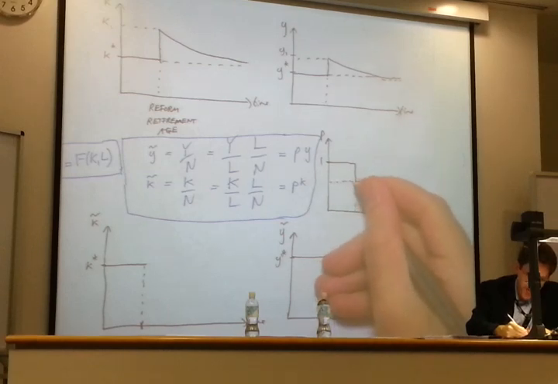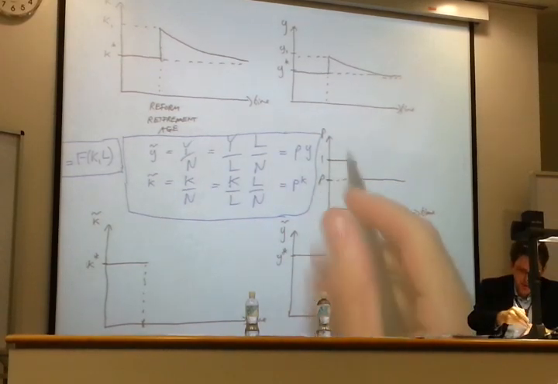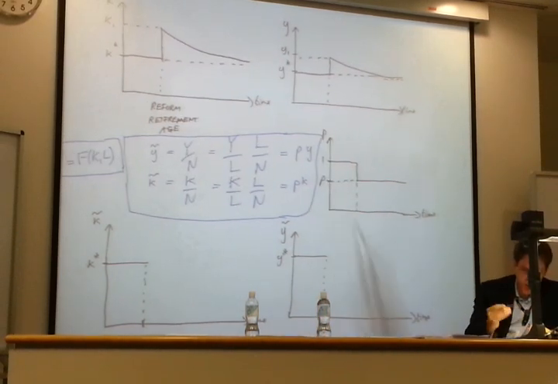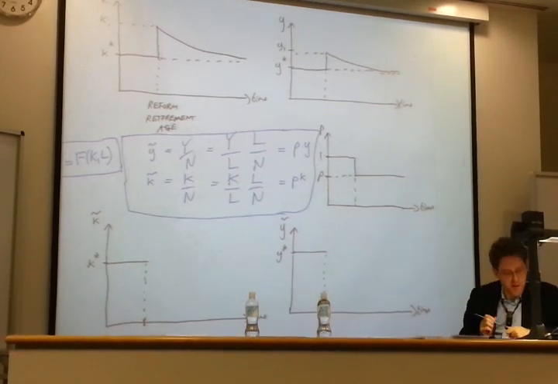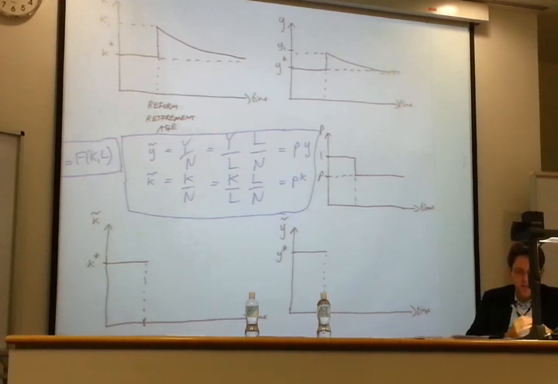Let's call the number that the participation rate goes down to P. It's a slight abuse of notation because P is the name of the variable, but let's loosely call this lower level of participation rate P. So what is K tilde going to end up at in the long run?